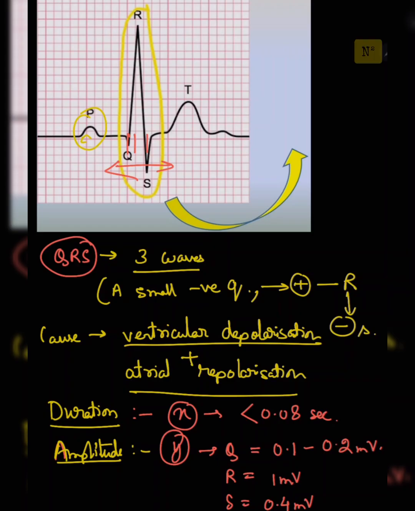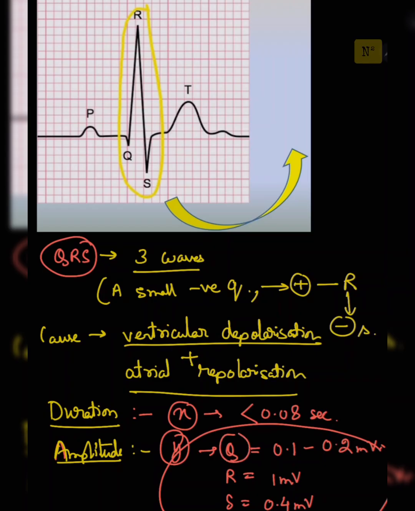Now the concept you have to know about the total positive volts is very important in calculating the cardiac axis, which we will be discussing in the later half of the video.